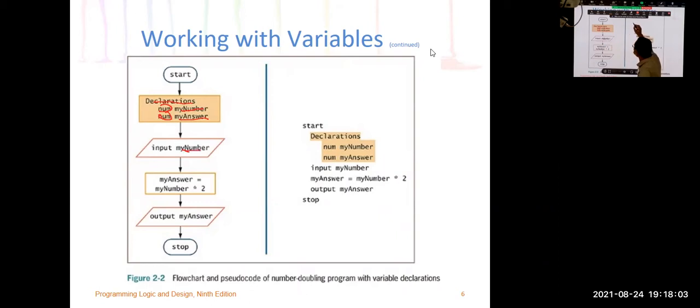After this, you have one slot in the memory, and the name is my number. Then this one is processing, so you have my answer now. So remember, whenever you declare, you only have one slot with the name here, right?